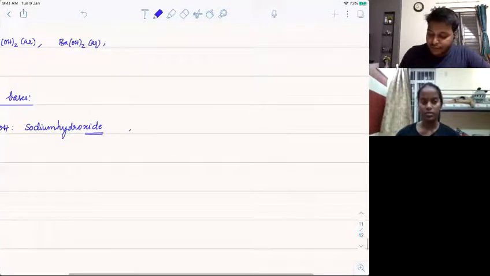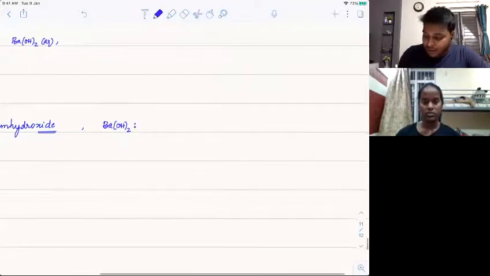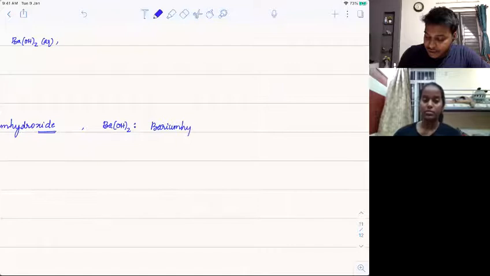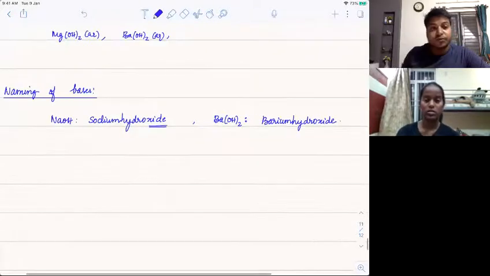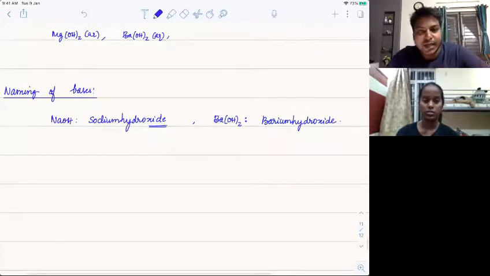So if you have, for example, Ba(OH)2, that will be barium hydroxide. You don't have to say dihydroxide because barium itself has two valency, so it is understood that it has two OH groups.